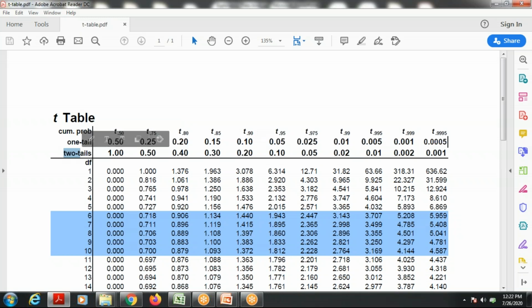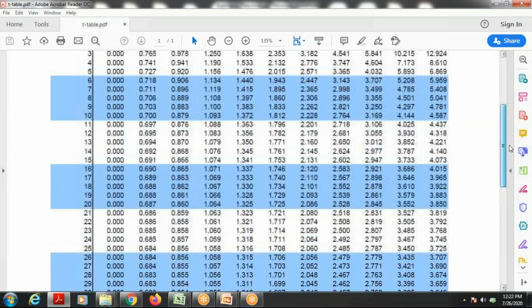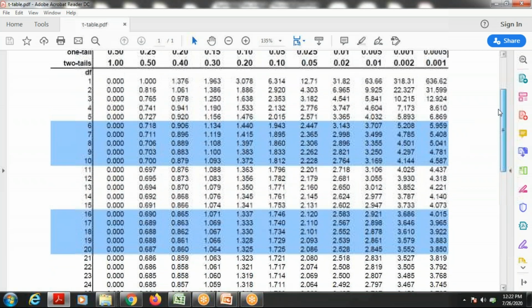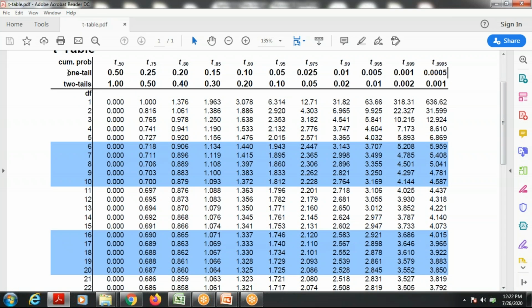That's what the three numbers given are. Now I'm looking at the 29 degrees of freedom. Look here, this is 29. I just highlighted. Got it? Now we are looking at the one tail test. So this line is going to be the one tail test. At what level of significance are we looking?